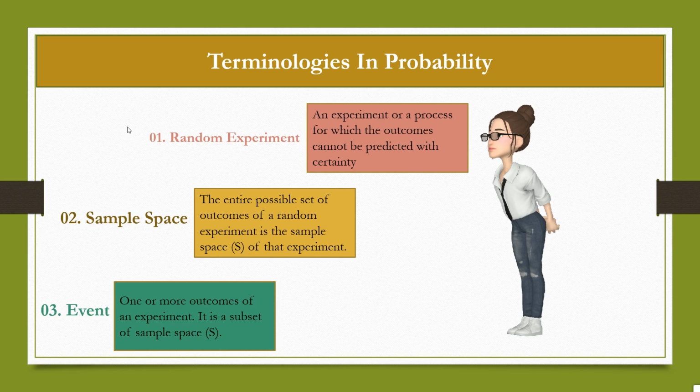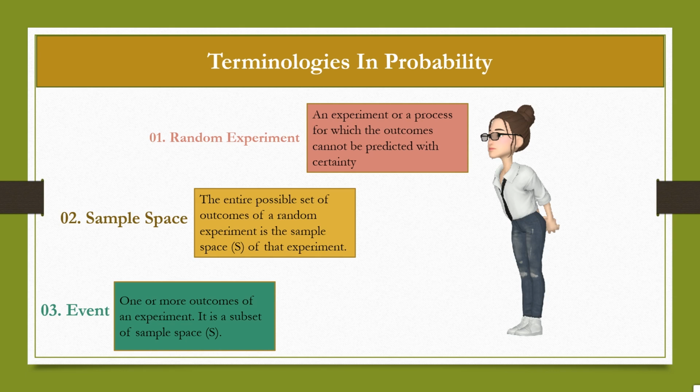Sample space is the entire possible set of outcomes of a random experiment. An event is one or more outcomes of an experiment. If you consider the example of rolling a dice, let's say that you want to find out the probability of getting a 2.